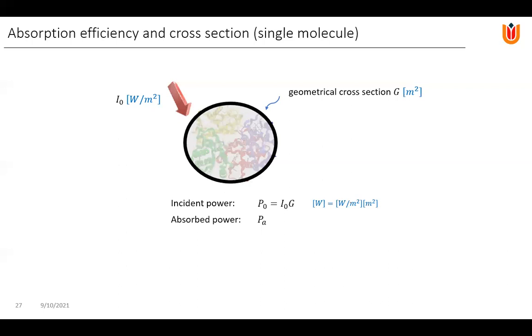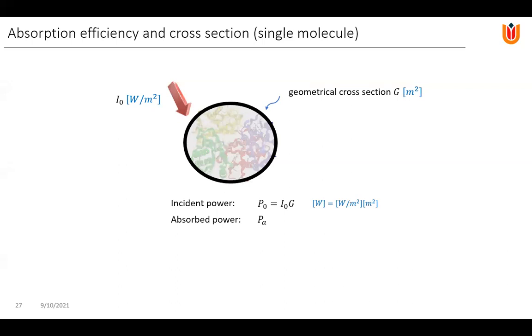So in that case, the incident power on the molecule is going to be I0 times G, because the units are watts: power per square meter times square meters. That would be the incident power.